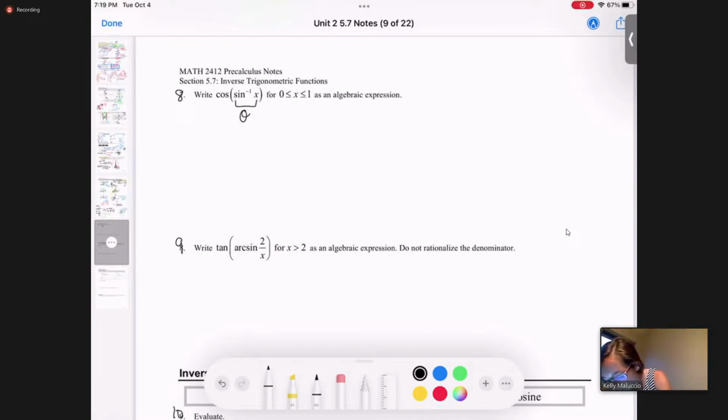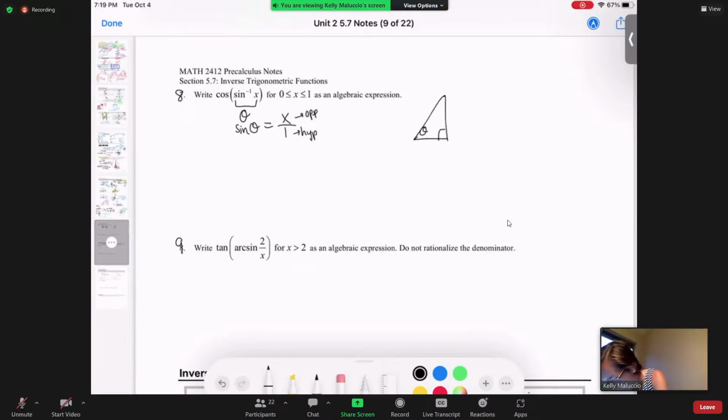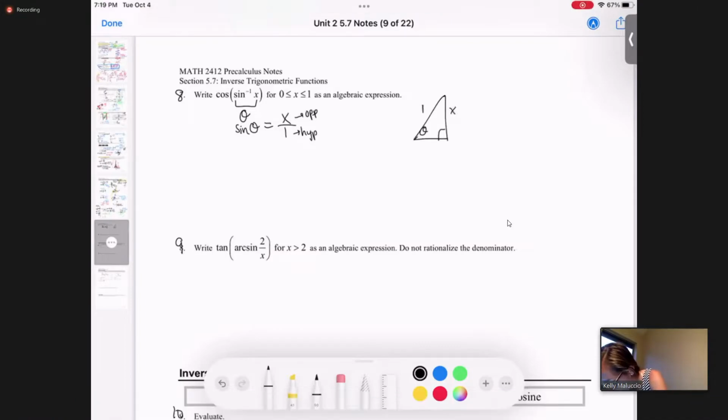So this is saying sine of theta equals x over 1. Think of x as the opposite and 1 as the hypotenuse. Now I'm doing basically what I just did. I don't need to draw the full picture, I just need to draw a right triangle. I have my theta, my opposite side is x, and my hypotenuse is 1.